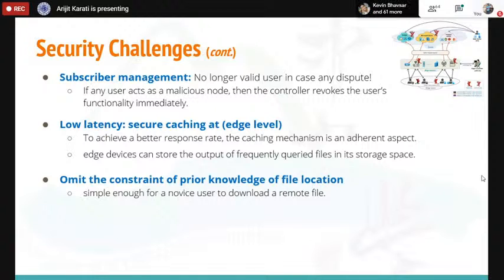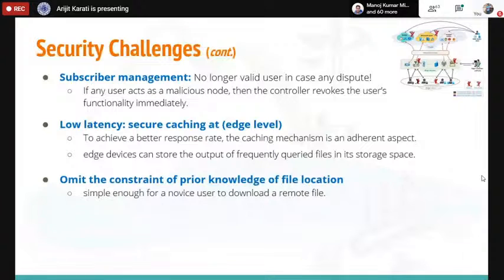Does the producer really need to care about where the data is stored in the cloud? No. The main concern is which data you want to download, not where the data is stored. So that is also a security challenge.